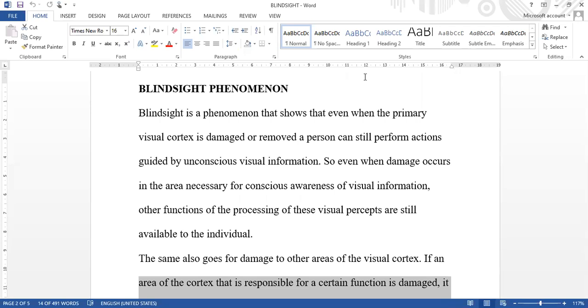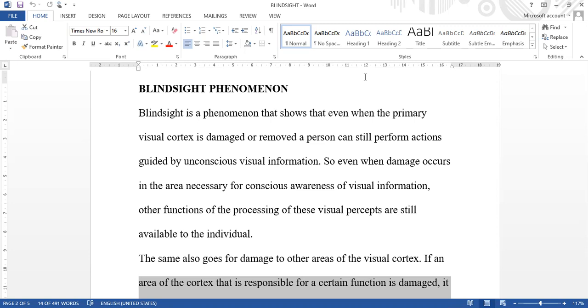So what I have here, we are saying that with the blindsight phenomenon, it shows that even when the primary visual cortex, and right now I know what the primary visual cortex is, is damaged or removed, a person can still perform actions guided by unconscious visual information. So it means that we know area V1 functions as conscious vision. It helps us to see things.